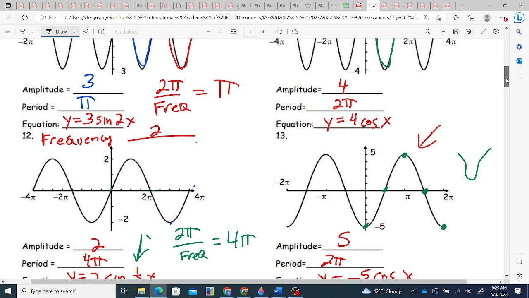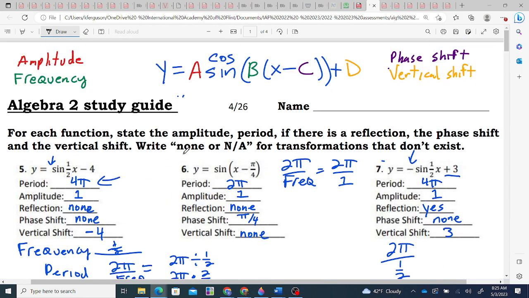All right, so now that takes us back up top to where we're looking at the equation and pulling out each of these pieces, right? So if there's no number in front of your sine or cosine function, then the amplitude is 1. All right, so the amplitude is 1 here.